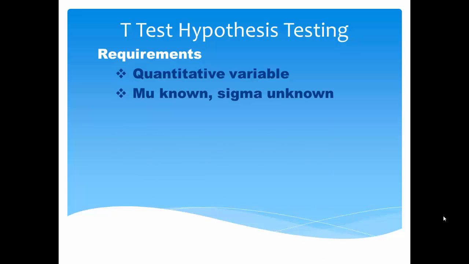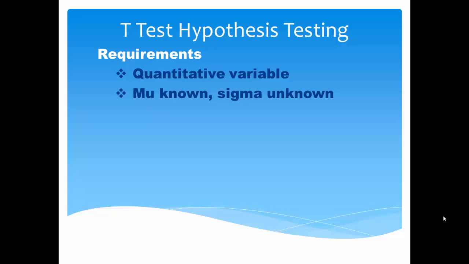Then we must know mu, but sigma will not be known. Now, remember from the Z procedures, we knew both mu and sigma. Also remember that mu and sigma are population parameters. Mu is the population mean, and sigma is the population standard deviation.